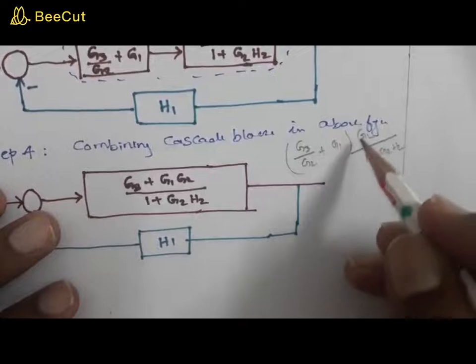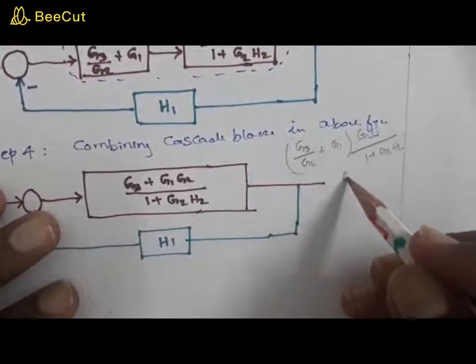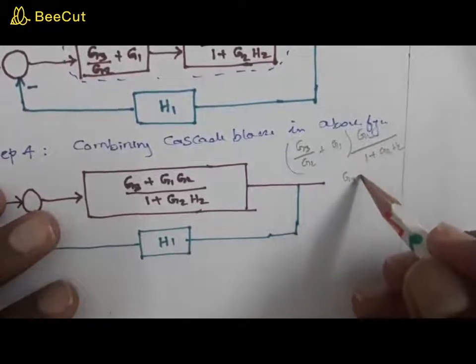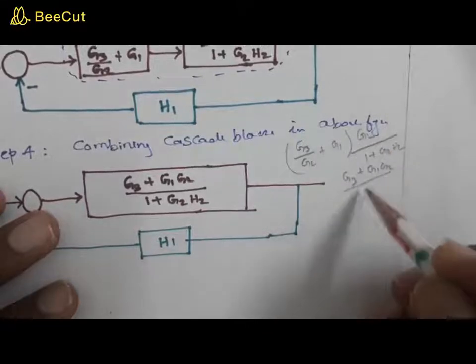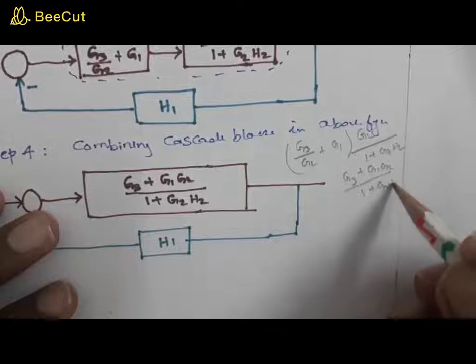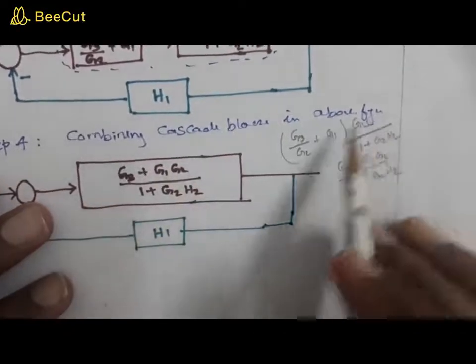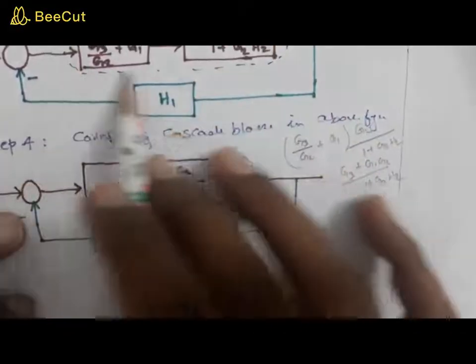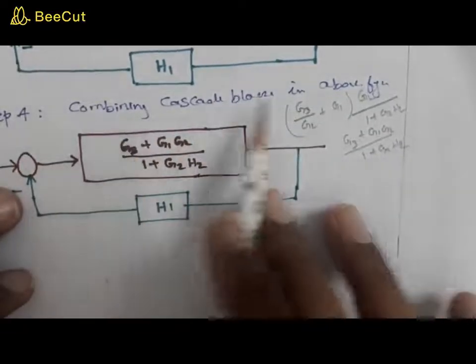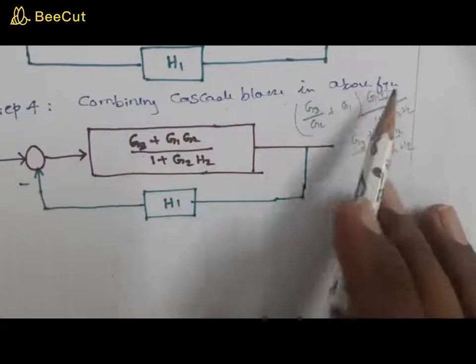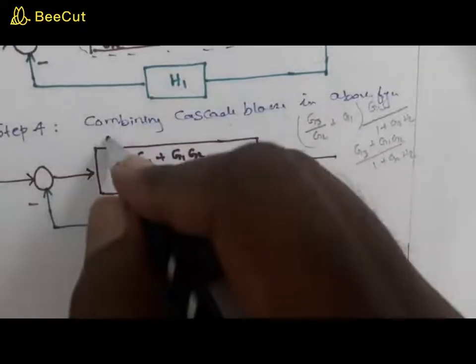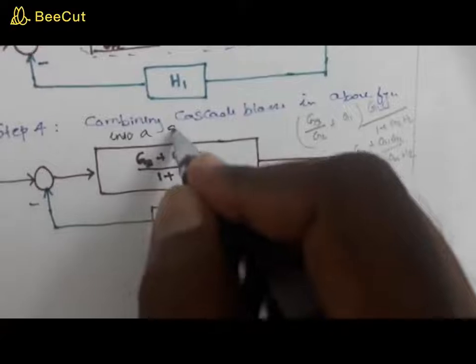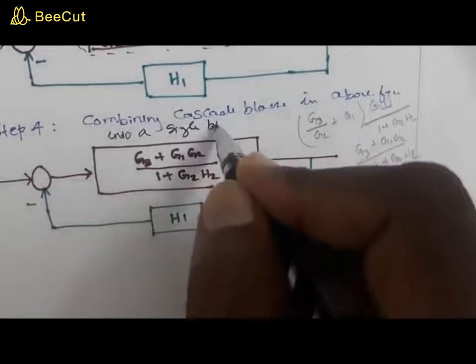So multiplying, you will be getting G3, this G2 and G2 cancels, so G1 G2 plus G3 divided by 1 plus G2 H2. So you can replace the cascade block in the above figure into a single block.